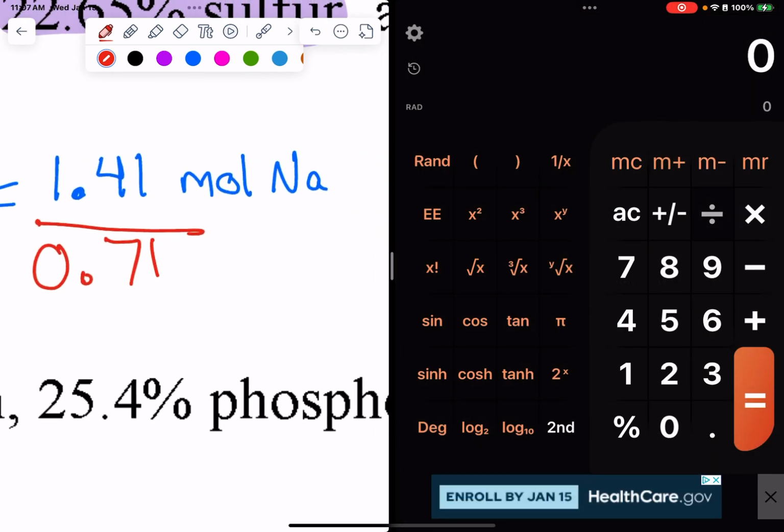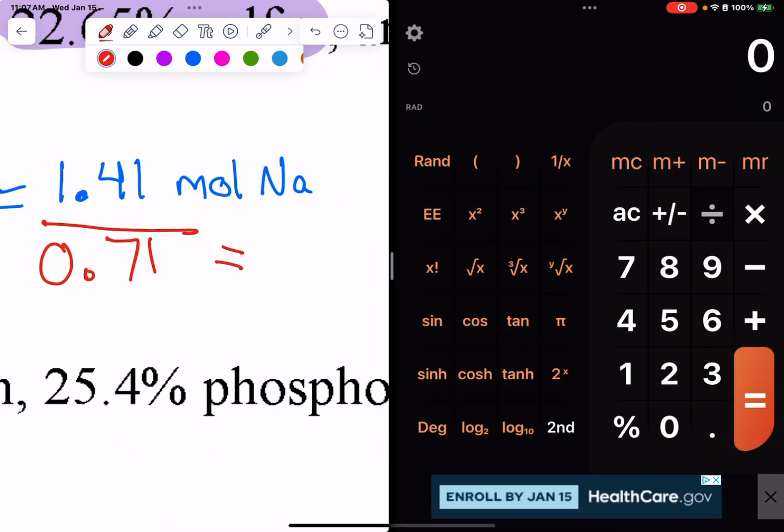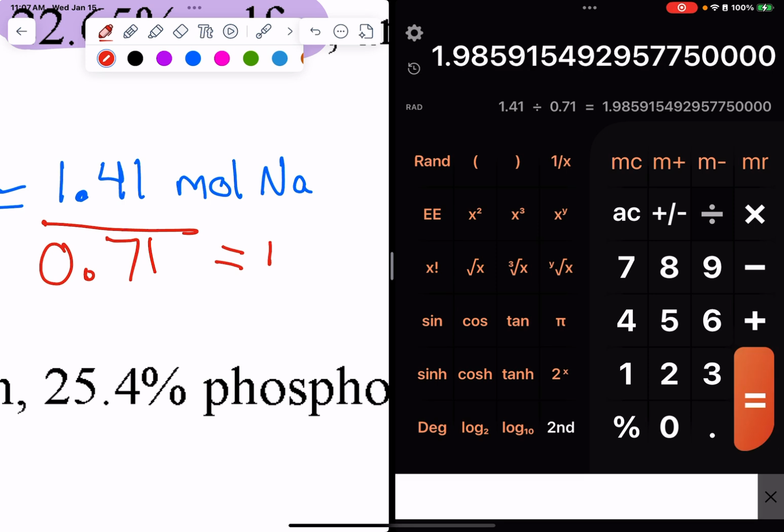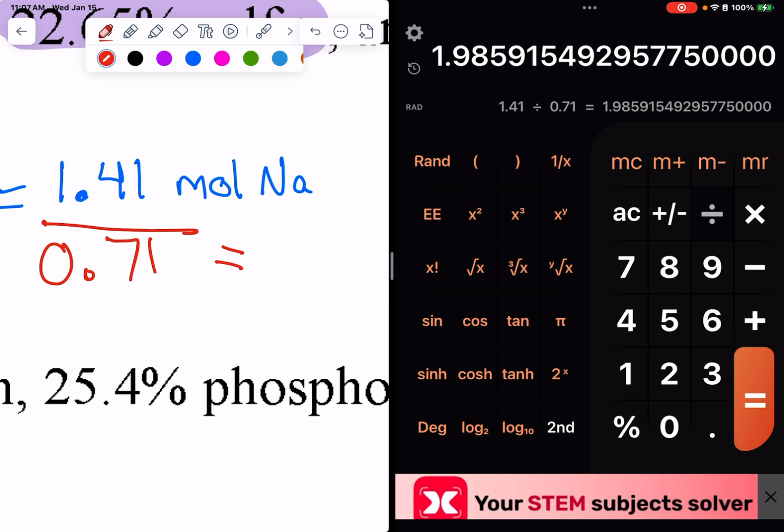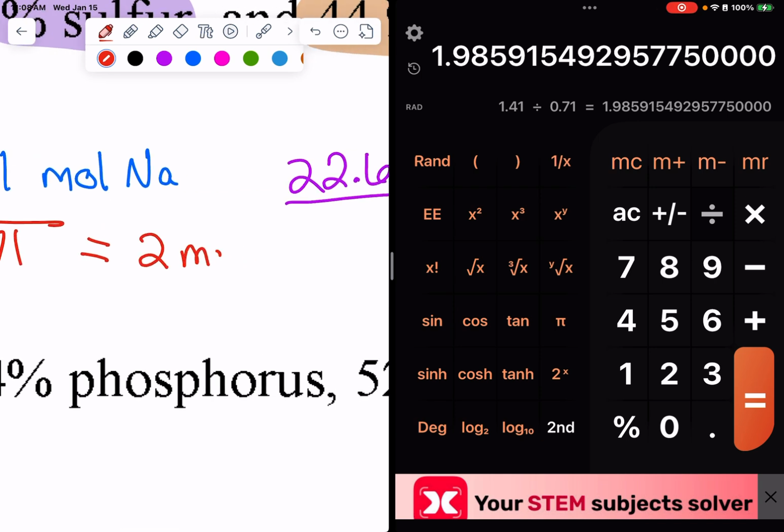Okay, for this first one for sodium, 1.41 divided by 0.71 gives us, let's round this to the nearest whole number, so 1.98 is going to round up to 2 moles. 2 moles of Na.